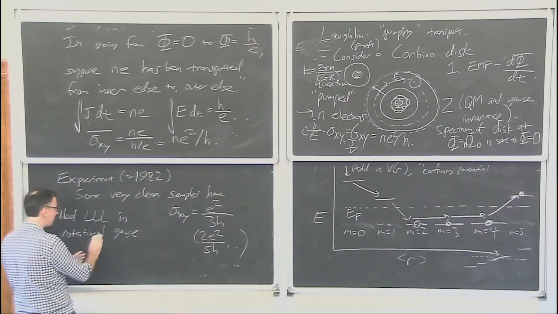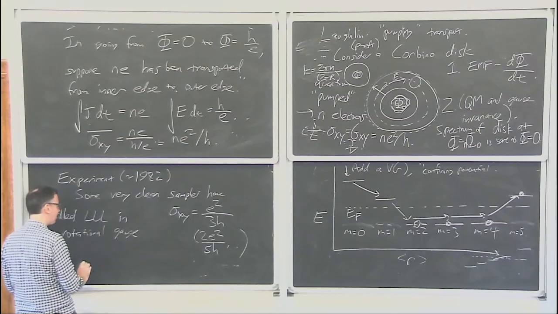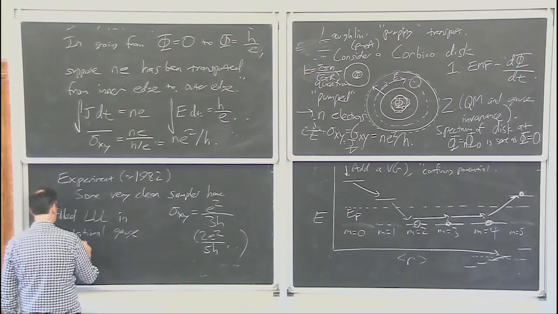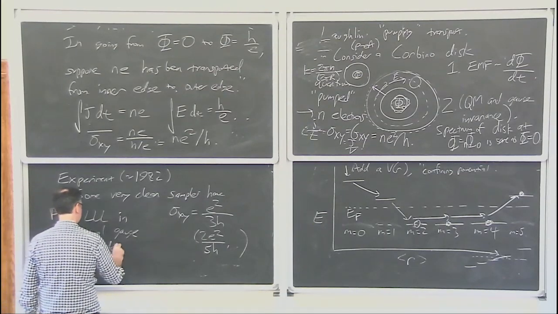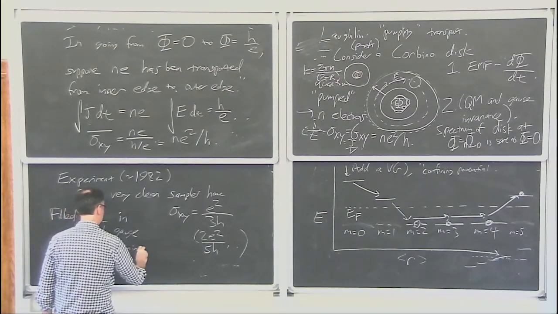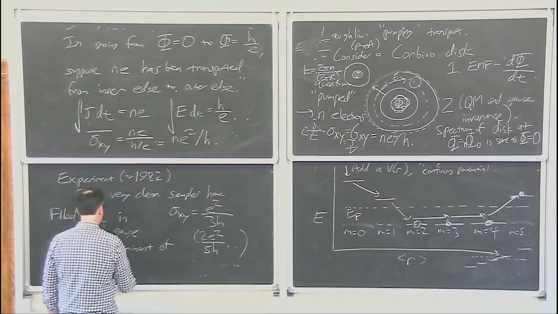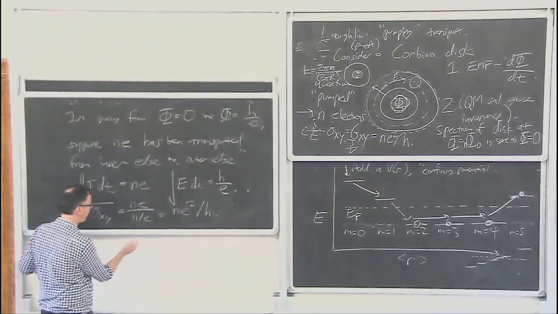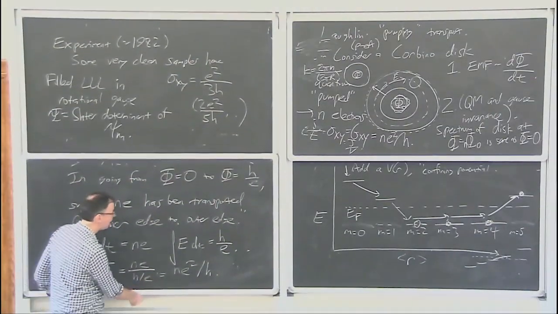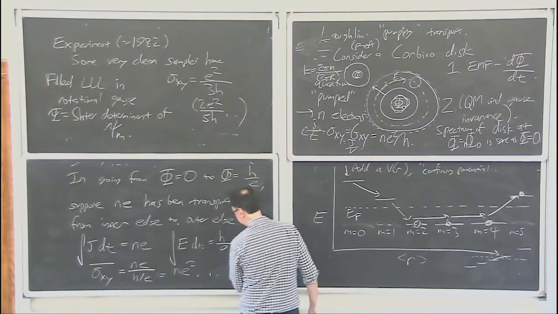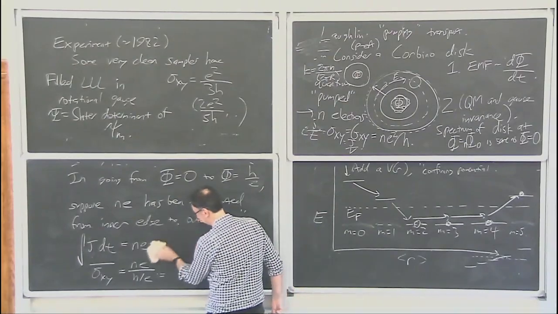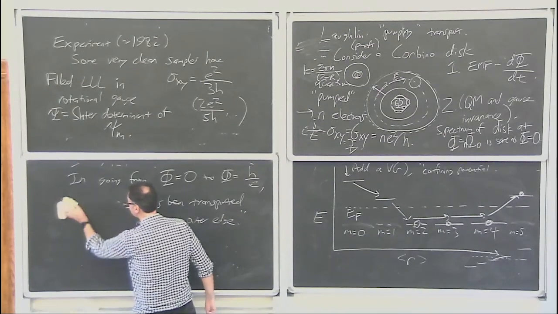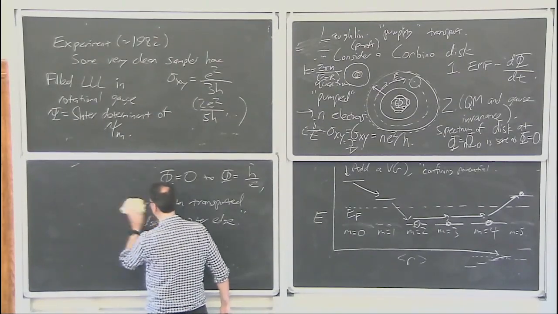But if we're thinking about many non-interacting electrons, we would expect to get a Slater determinant of the psi sub m. So what I mean by that is they all have exactly the same exponential factor. So this is just another way of writing the lowest Landau level, except we want to pay attention to particle statistics.